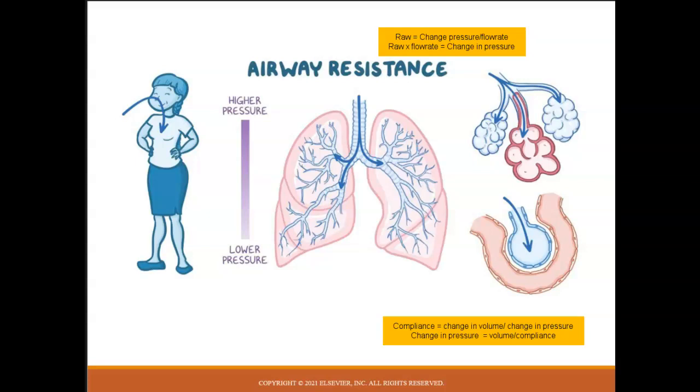You're not going to do this math, but it's important that you understand that the change in pressure, or pressure gradient, in order to produce volume for the patient, has to exceed the volume divided by the compliance plus the airway resistance times the flow rate. All right.